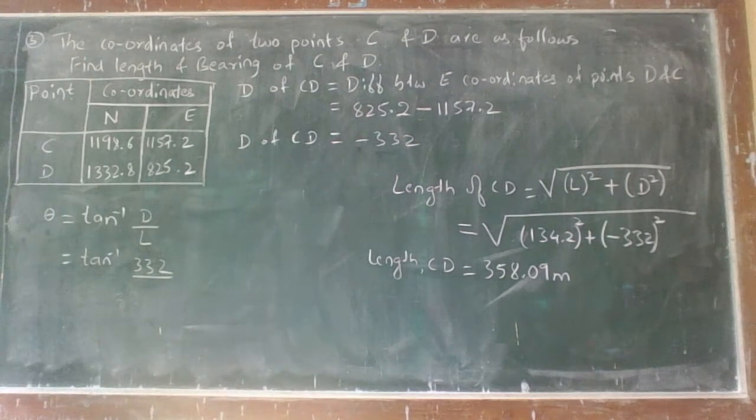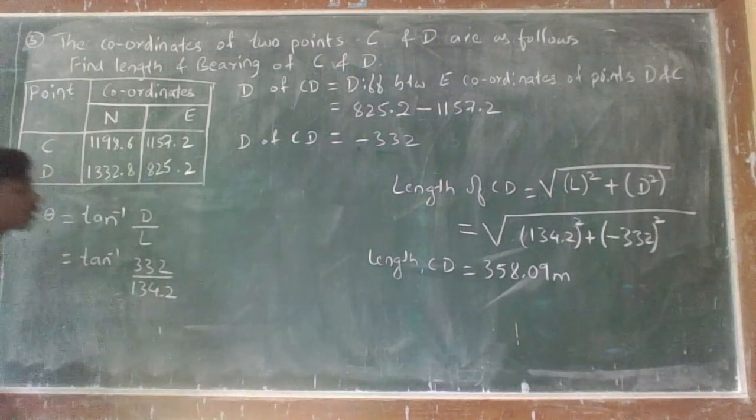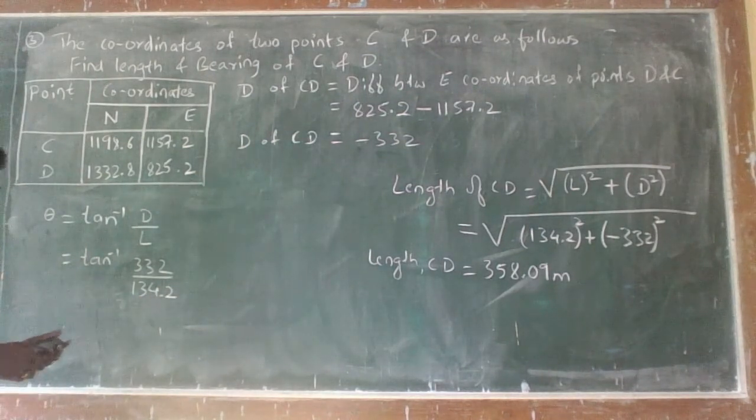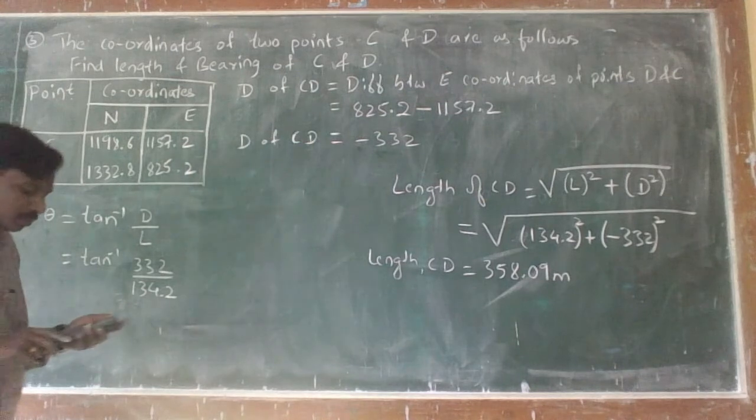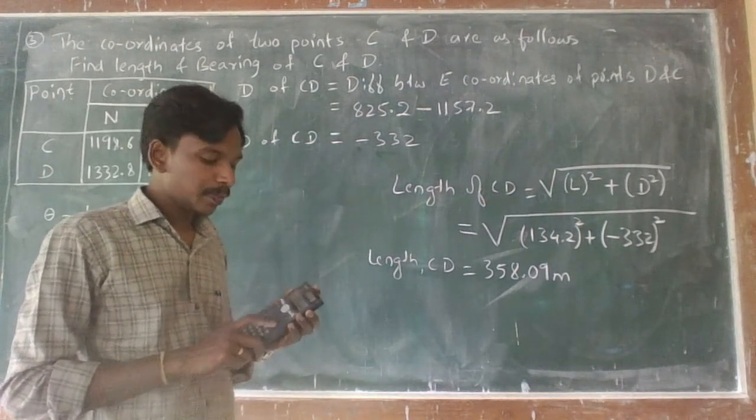The latitude value is 134.2, written in the denominator. Now calculate. So here you will get the tan button in the calculator.